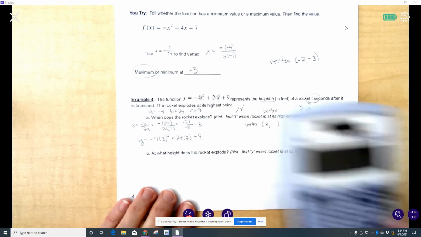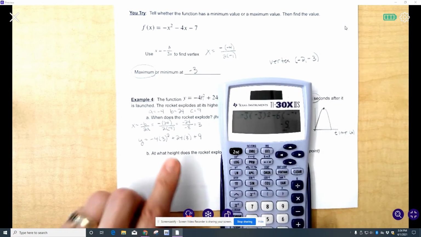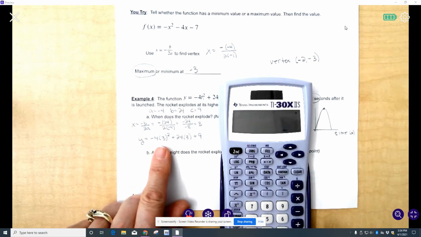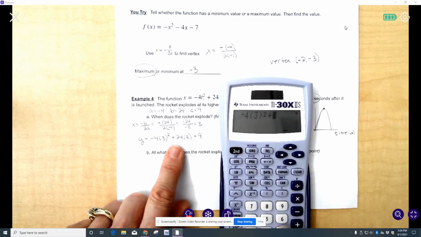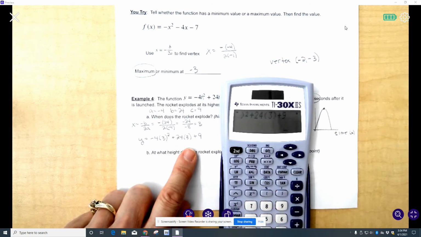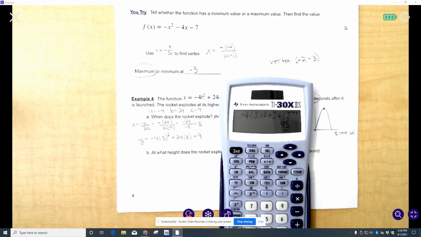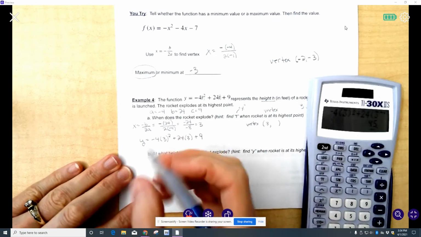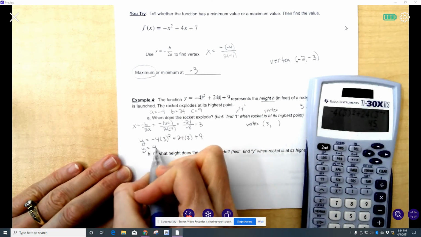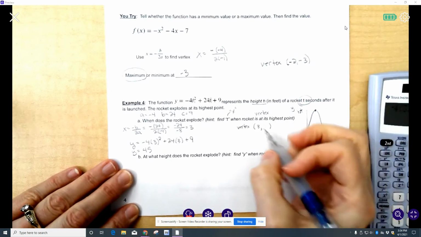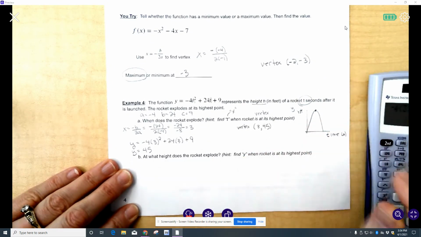And again, put that whole line in your calculator. Make sure you're using the parentheses. -4 times parentheses 3 squared. Don't forget the squared. That's a common mistake. Plus 24 times 3 plus 9. And I get 45. So y equals 45.